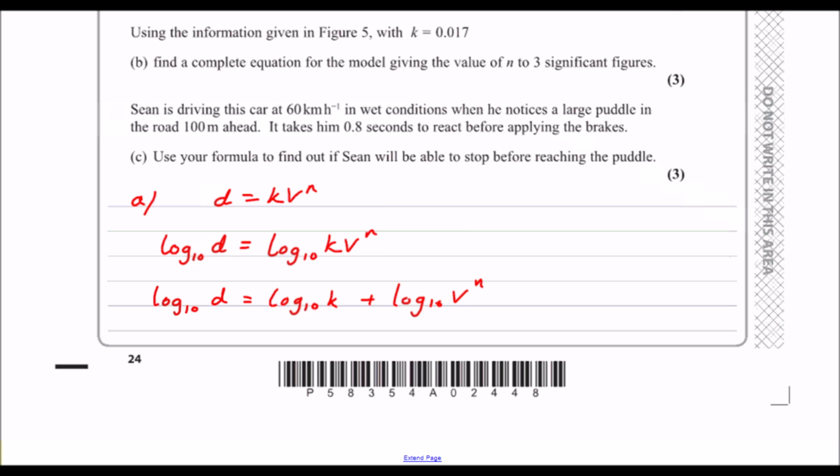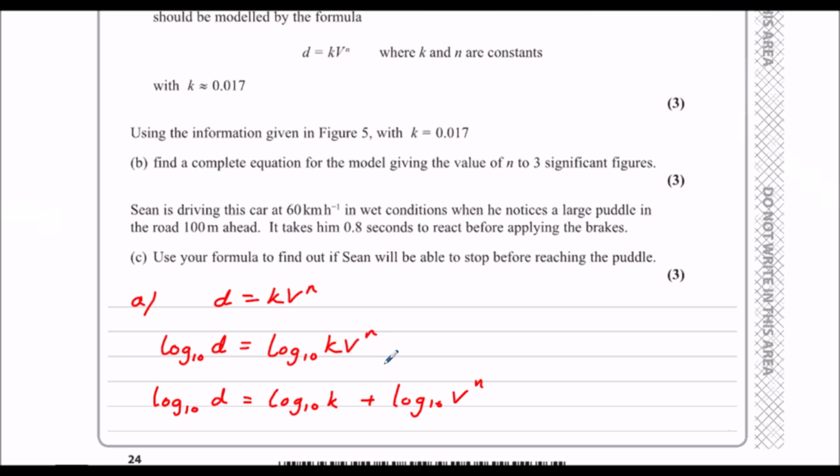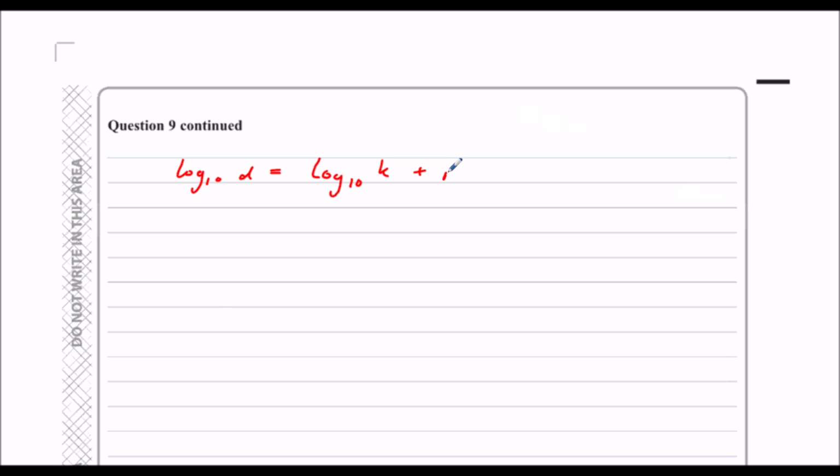So let's move to the new page. So log 10 d equals log 10 k plus n times log 10 v. And this is like y equals mx plus c, isn't it?